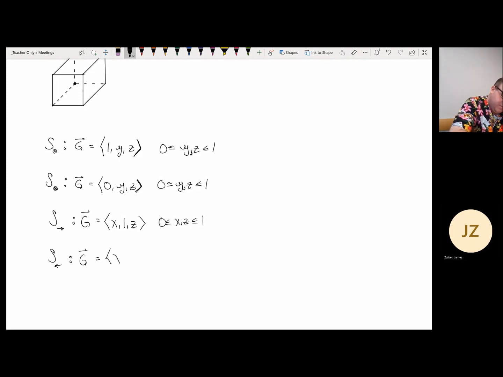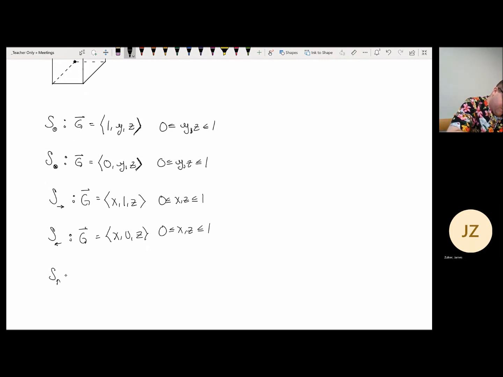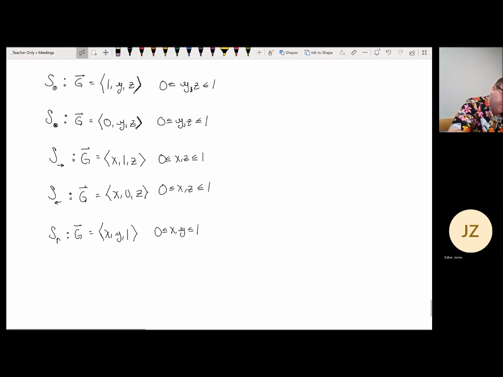And left. And then there's your top and bottom.